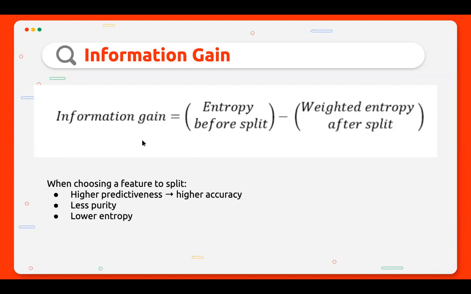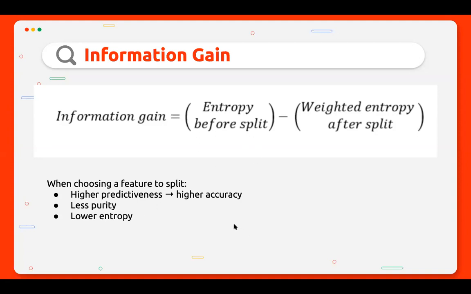So we want more information gain, and to do that, we want to choose features to split and create our nodes at for higher predictiveness, which leads to a higher accuracy and also less impurity and lower entropy. So what we're aiming for is to reduce the Gini impurity value and also lower our entropy.